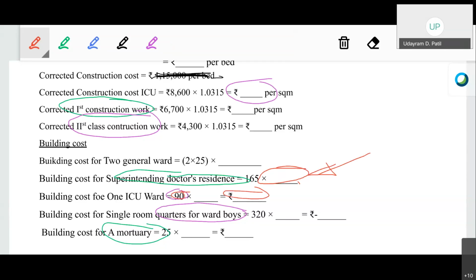For the ward boys' quarters the rate will be 4443.45. And for the mortuary, again the rate of the first class construction work, 6911.05, will be used. So calculate the building cost for each building section.